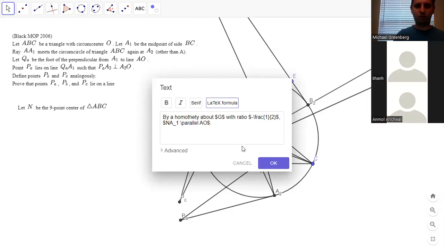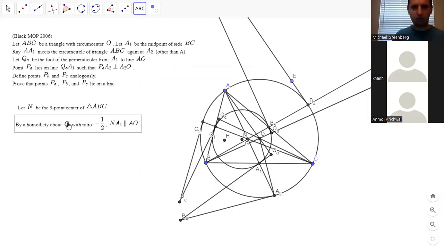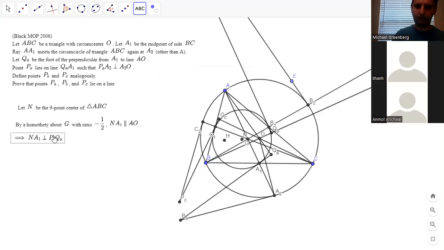All right. And so this means that NA1 is perpendicular to PAQA, which means that PAQA is tangent to the 9-point circle.